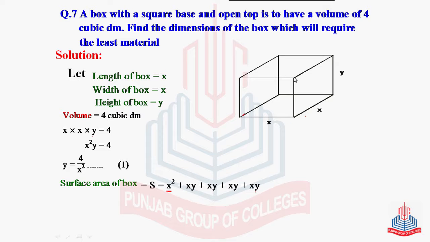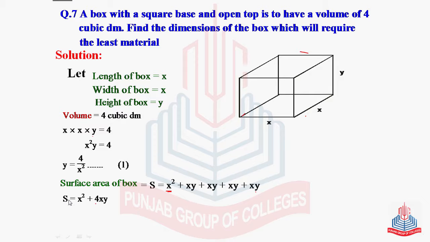So these four sides are of area xy plus xy plus xy plus xy, and this one is the area of the base. As the box is open, we will not take the area of the top, because the box is open. So the complete surface area of the box will become S is equal to x square plus 4xy. Now that should be minimum.